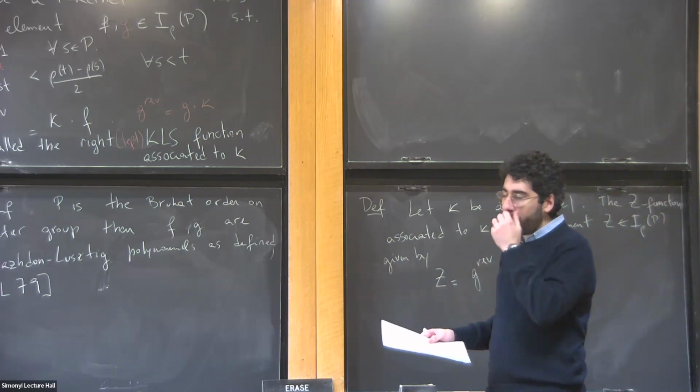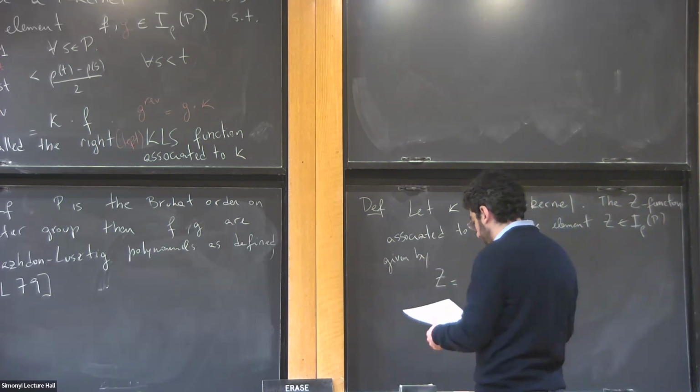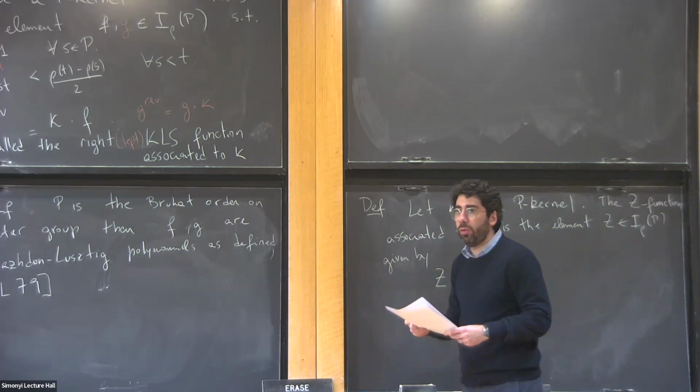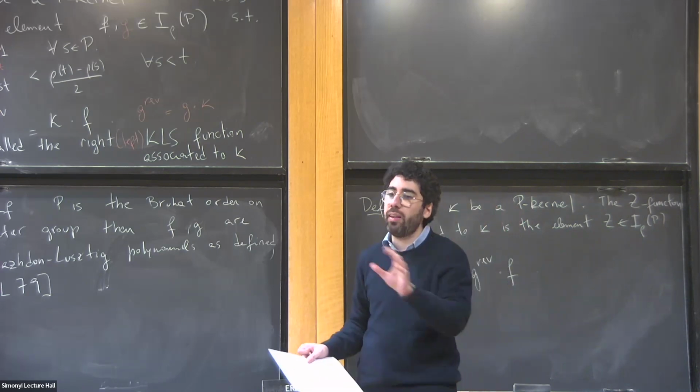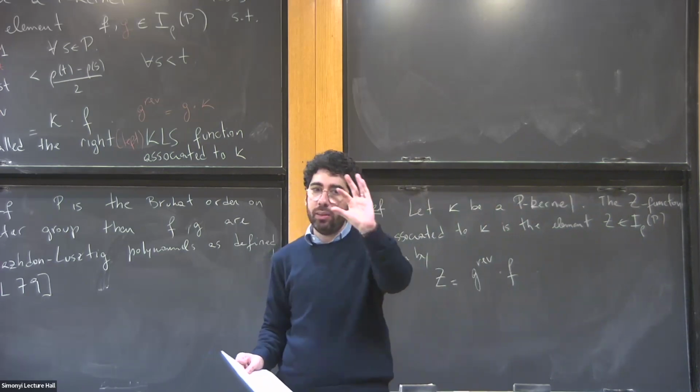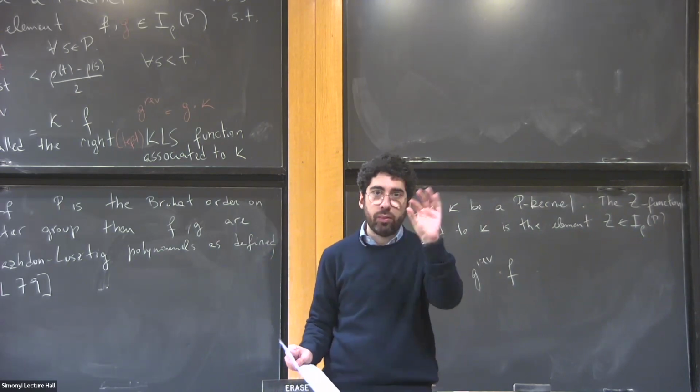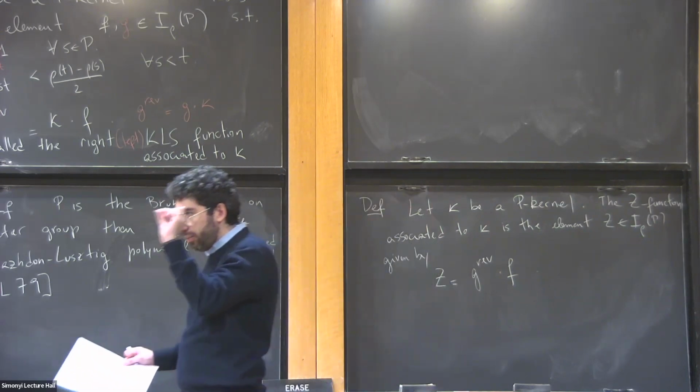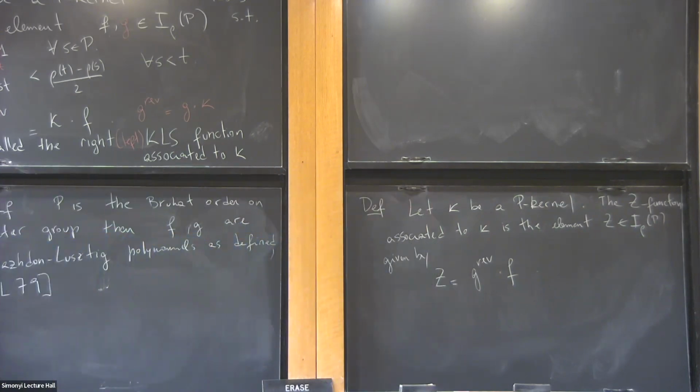And this satisfies many properties. So let me not write them and just say them. For every interval s t, theta s t is always a palindromic polynomial for any kernel in any class of posets.